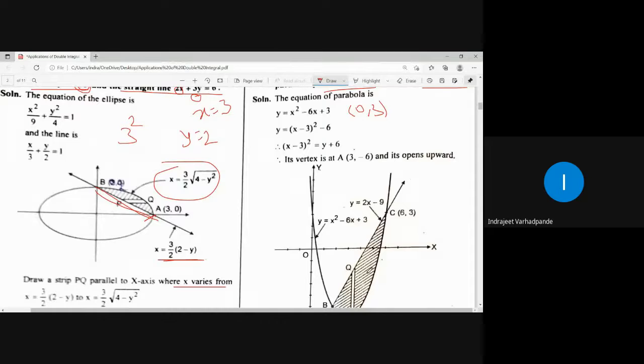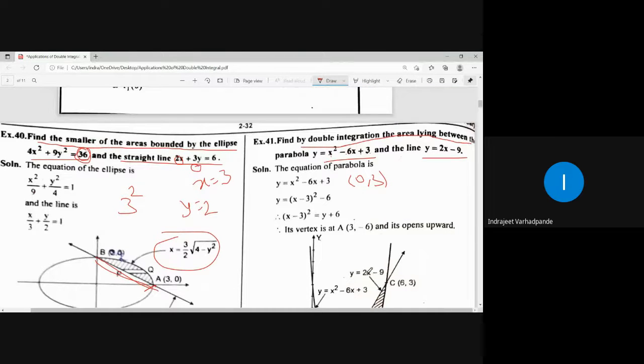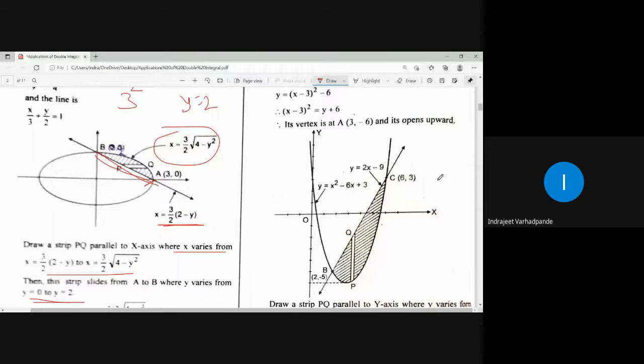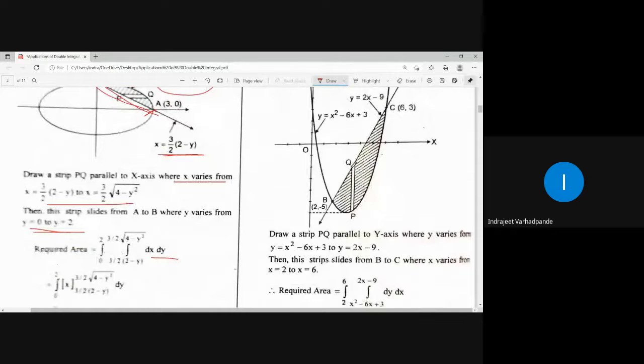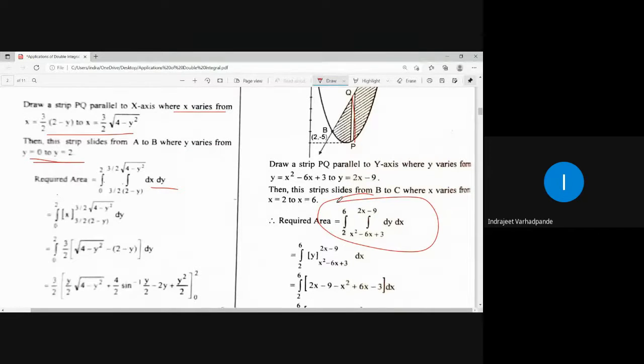So this curve will be looking like this. From the given equation of the line, just find out the coordinates where it is intersecting, the region will be generated, take the appropriate strip. Here I have taken a vertical strip from the parabola to the line, so therefore the strip determines the limits in this way.